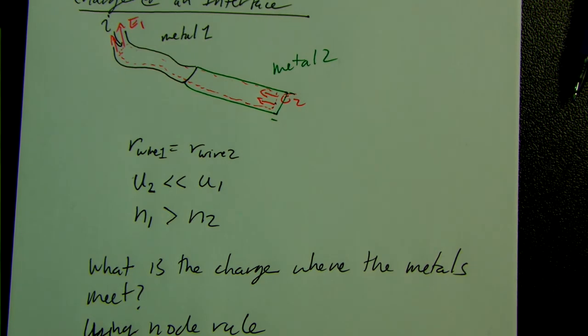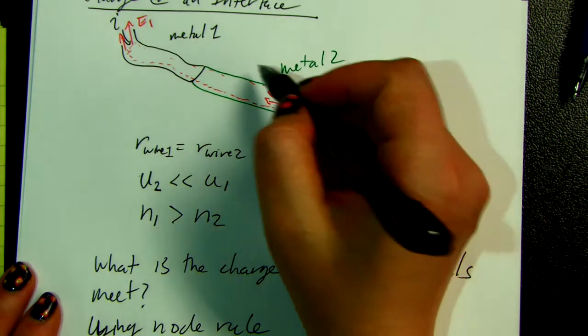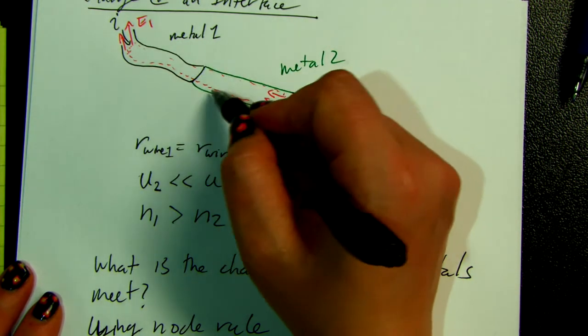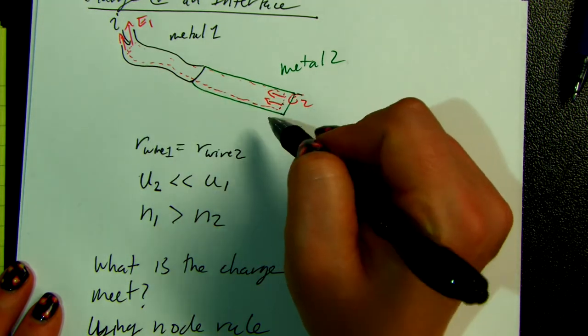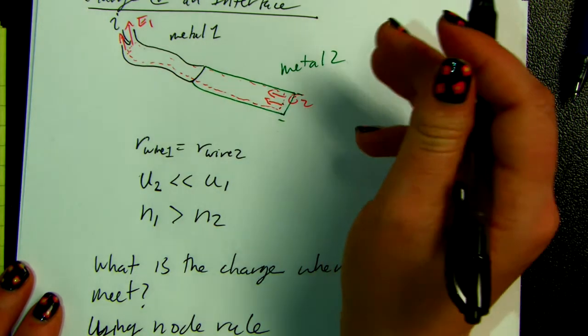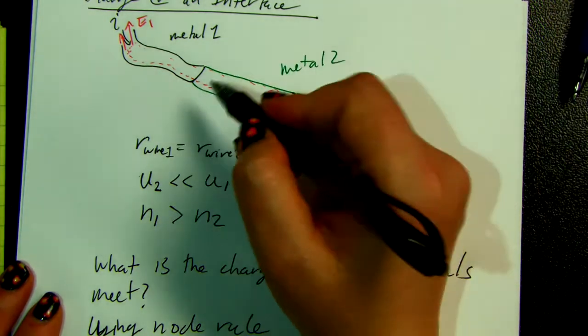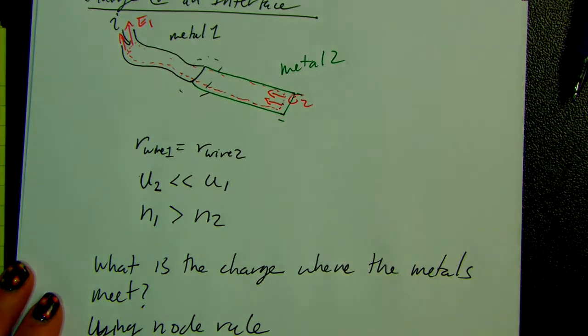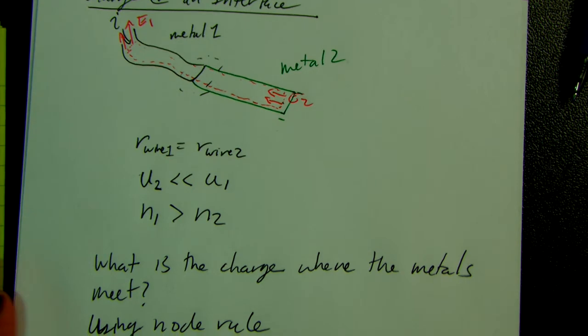Any charge in the surface must be at this interface, because we already know that metals are neutral inside. We're looking specifically at what's going on at this interface, which we haven't yet discussed how to handle.